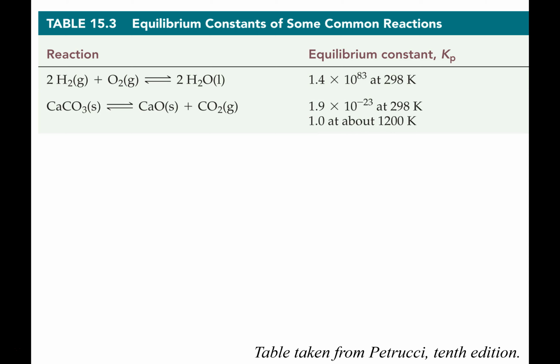Here's another one. Calcium carbonate decomposes to form calcium oxide and carbon dioxide. At 298 K, 25 degrees Celsius, the constant is very small. Again, a very small Kc means that you have a lot in the denominator and not much in the numerator.